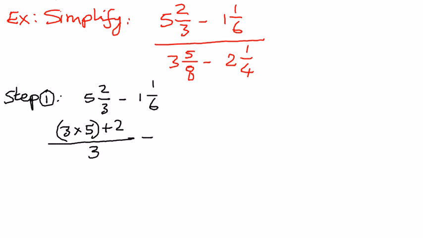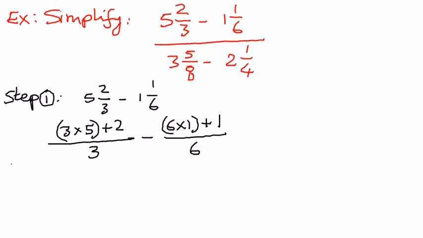Minus the second mixed number, which is 1 1 over 6. We'll do the same thing. We'll convert this mixed number into an improper fraction. So the way to do that is as follows. Take the number in the denominator, multiply it by the number on the side, take the product of that, add it to the numerator part of the fraction, divided by the denominator, which is 6.